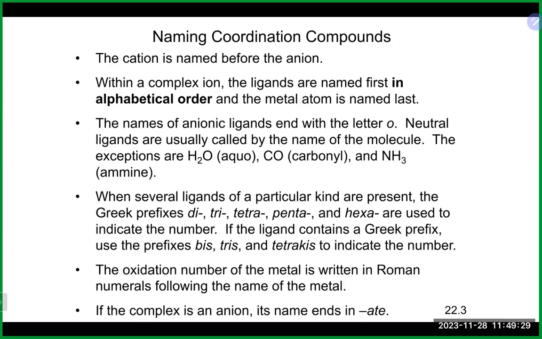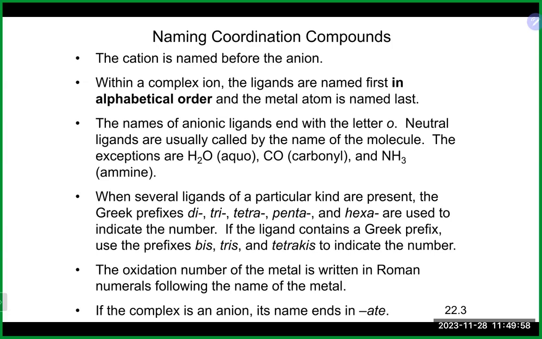So what I mean by that is maybe you have 2 of the same ligand, so maybe you use the prefix di. You would ignore the di part of it and just go with the ligand's first letter in terms of alphabetical order. Now, the metal is always named last in the complex ion part of the name. That does not mean that the metal is always named last in the entire name, but whichever part of the name is the complex ion part should have the metal coming there at the end.